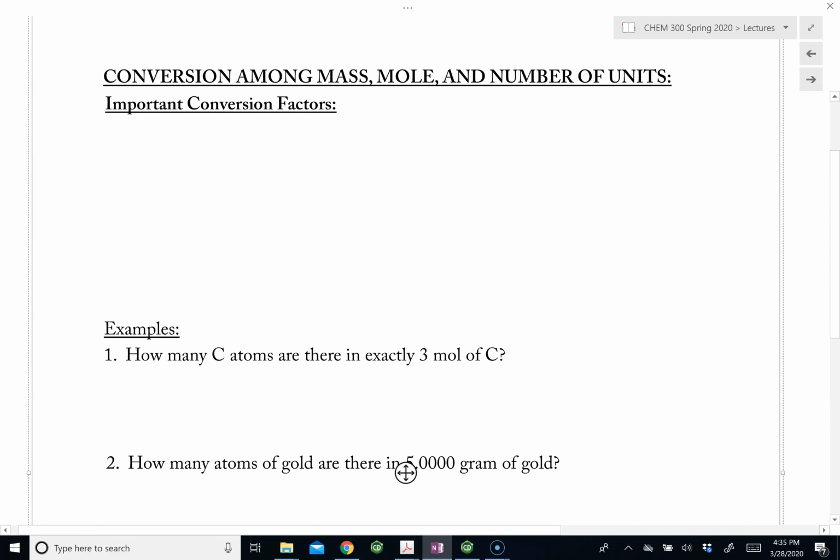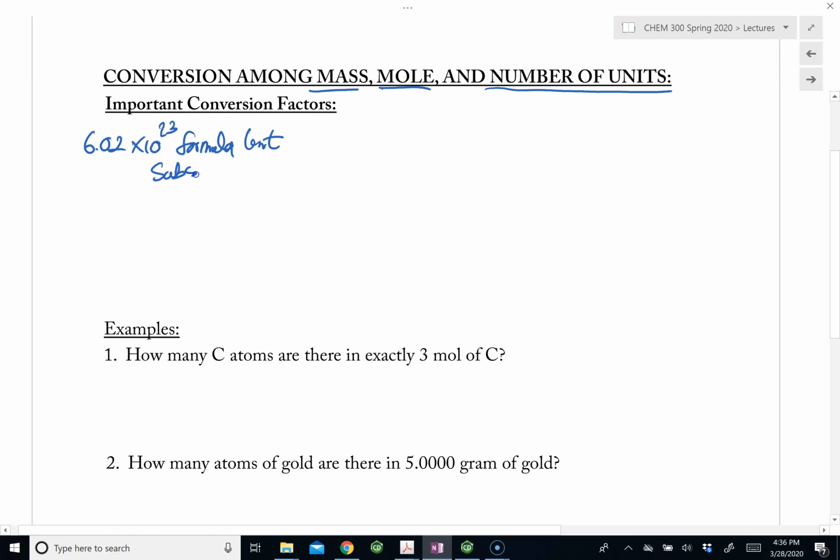And now let's go over the conversion among mass, mole, and the number of units of a chemical substance. We have seen earlier already a very important relationship that relates these three variables, and it is as follows again: 6.02 times 10 to the 23rd formula units of a substance will be found in 1 mole of a substance.